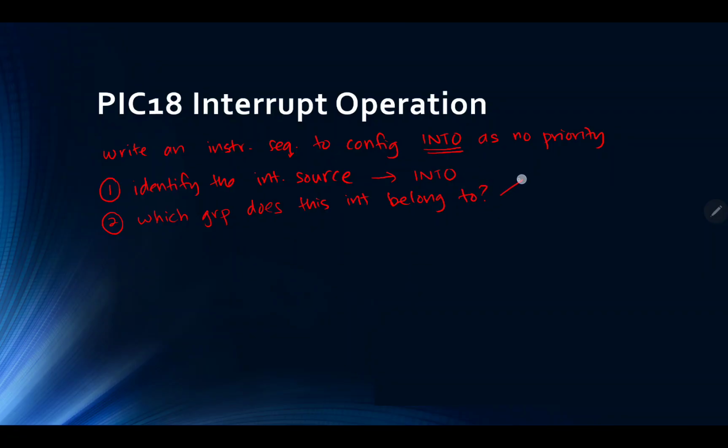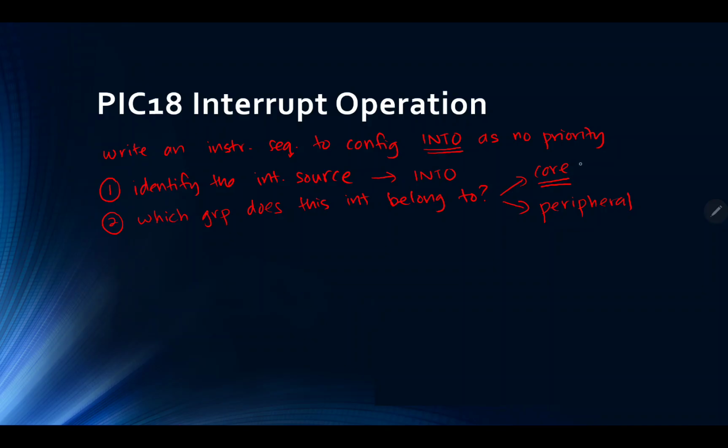There's only two options, right? Either it belongs to the core group or the peripheral group. If you remember correctly, under the core group, there are INT0, 1, 2, 3, port B pins change and timer 0. So this is under the core group.